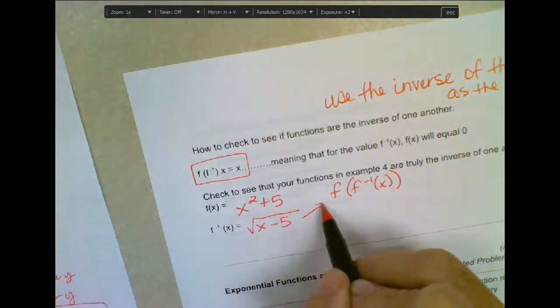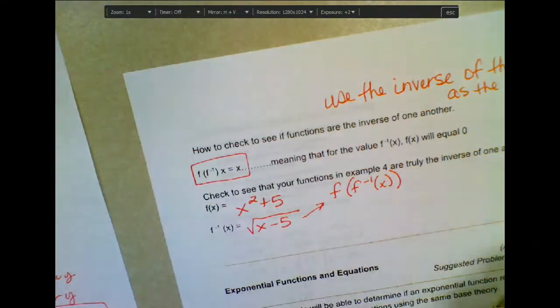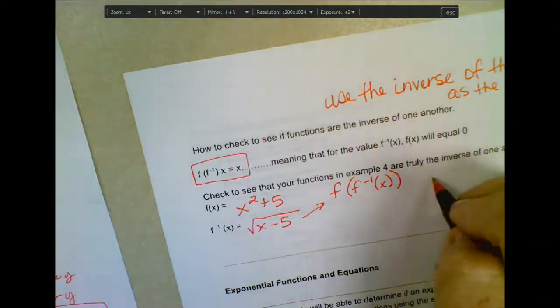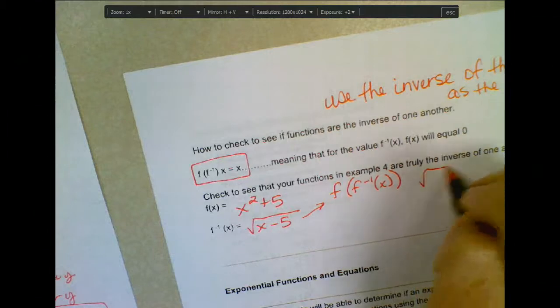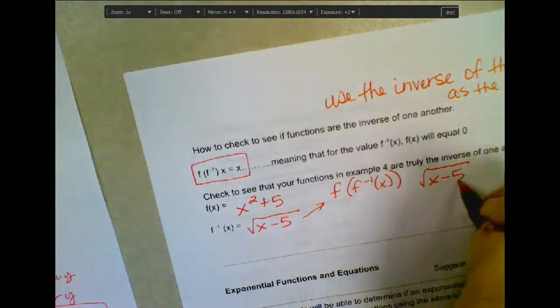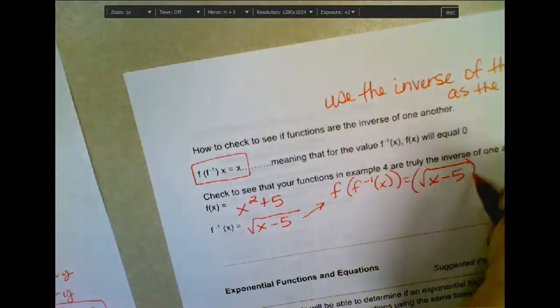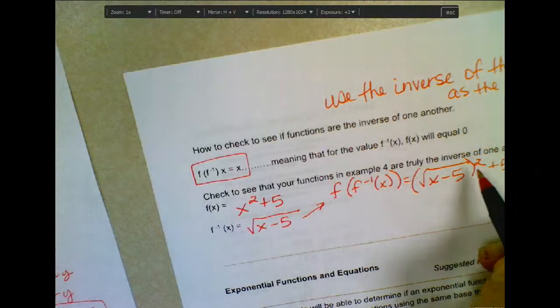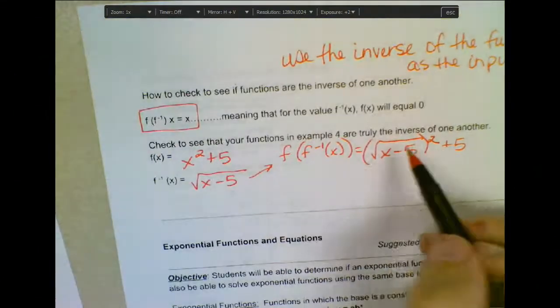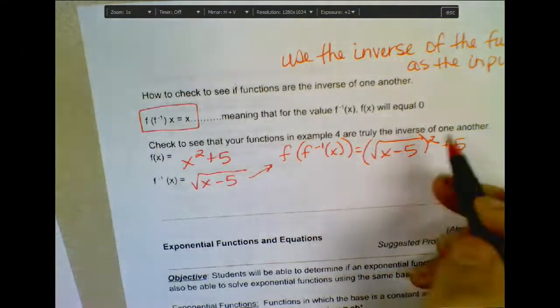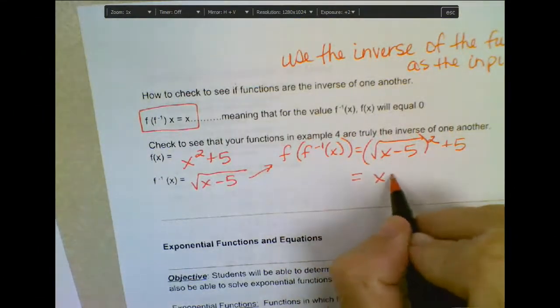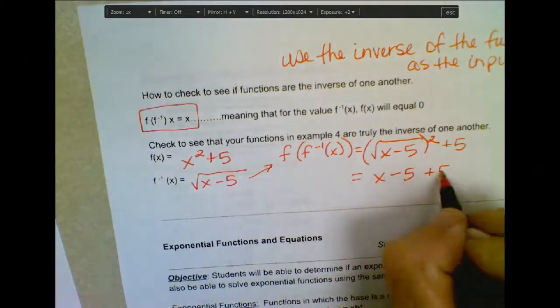This is going to be my input into this function. So my function is x squared plus 5. Instead of x squared, I'm going to use the square root of x minus 5, squared, plus 5. I know that when I have the square and the square root of the same quantity, those two cancel out. So x minus 5 plus 5.